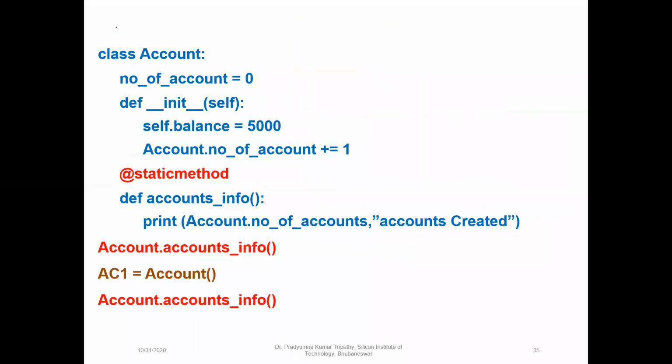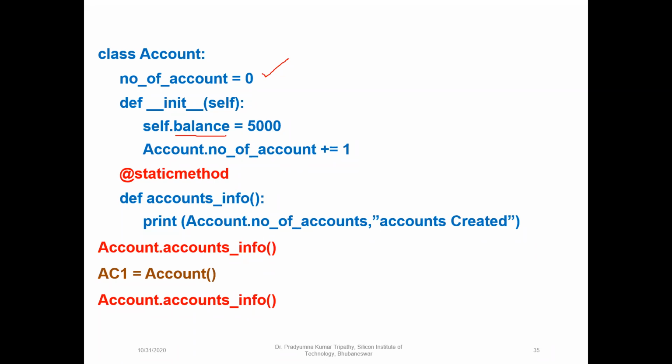Look into this sample code. We have class Account. Can you tell what kind of attribute this is? Number of accounts? Class attribute. And this one?